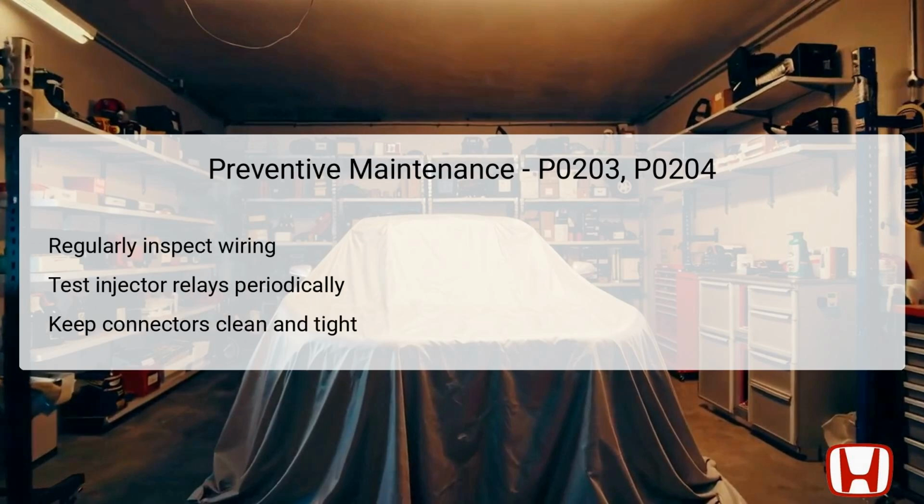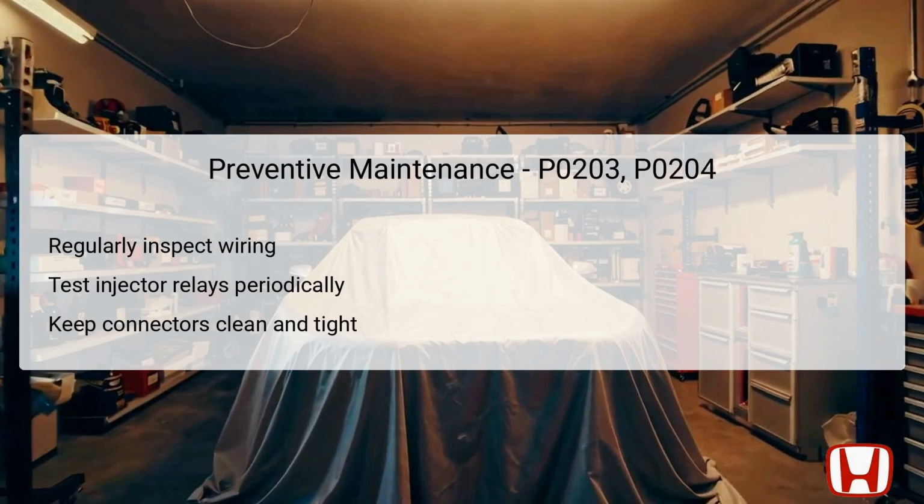To prevent recurrence of issues like DTC P0203 and P0204, regular preventive maintenance is essential. Schedule inspections on wiring associated with the fuel injector circuit, checking for wear, frays, or potential damage that could occur over time due to exposure or vibration.